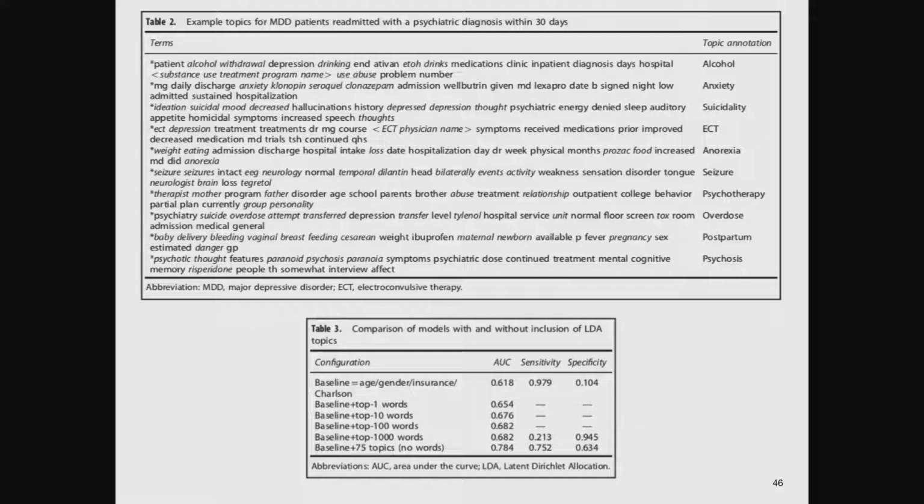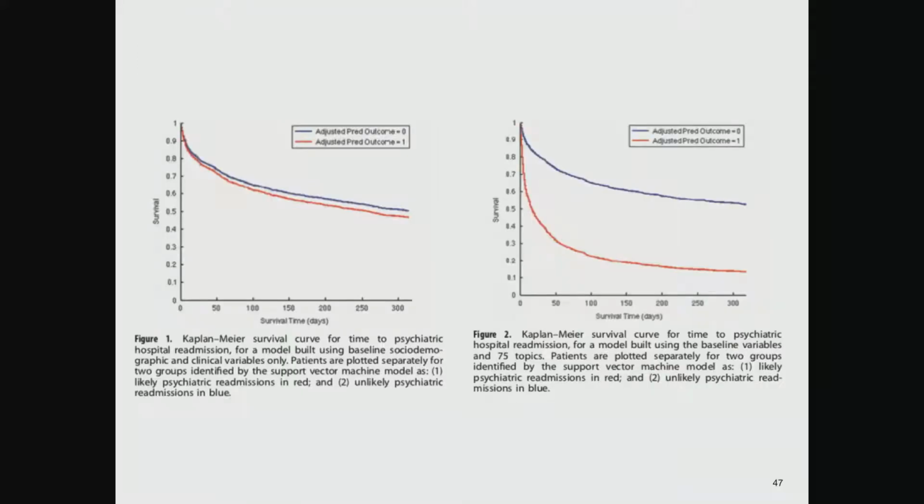They're just a statistical summarization of the common co-occurrences of words in these documents. But what you find is that if you use the baseline model, which used just the socio-demographic and clinical variables, and you ask what's the difference in survival, in this case in time to readmission, between one set and another in this cohort, the answer is they're pretty similar.